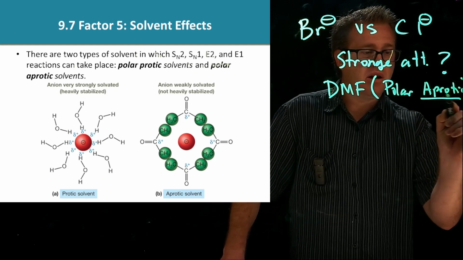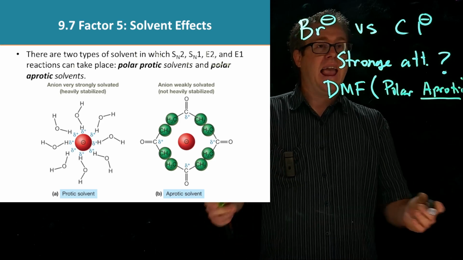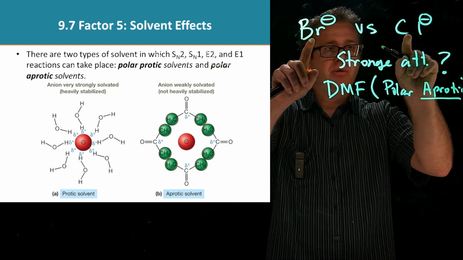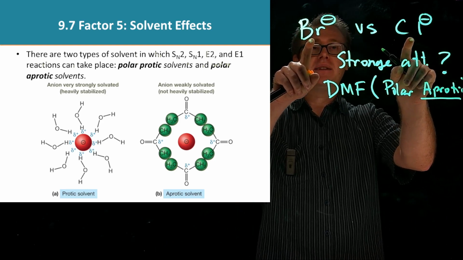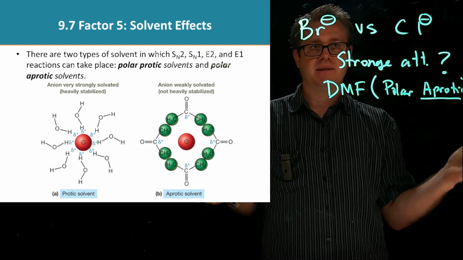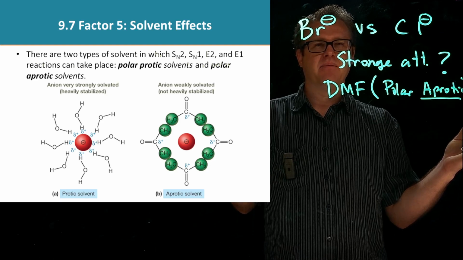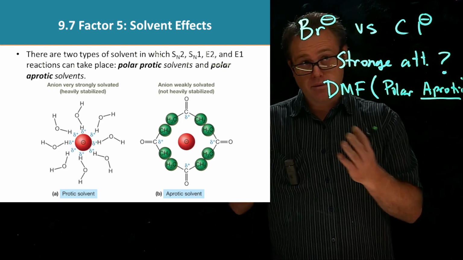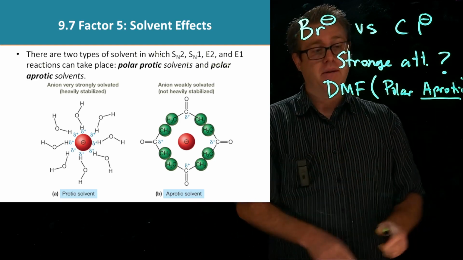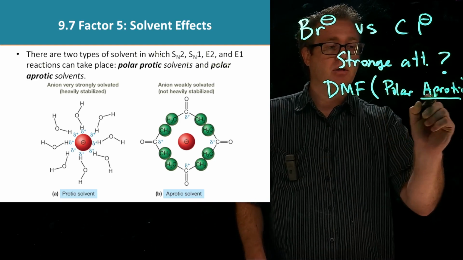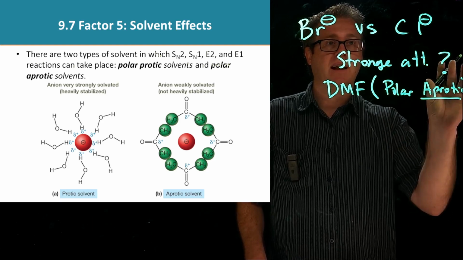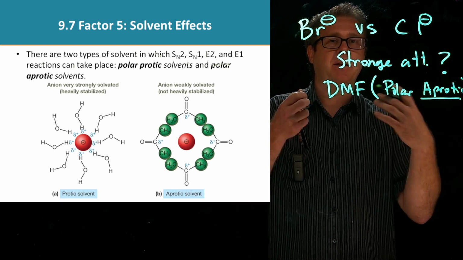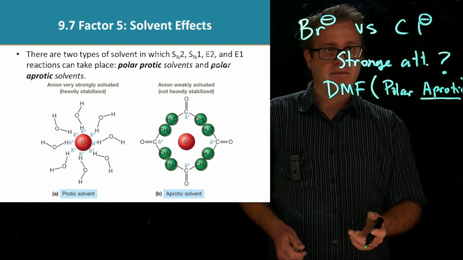And polar aprotic solvents do not solvate anions very well. So we're going to just make the assumption that there's no solvent present, when in fact there really is, but we're ignoring it because polar aprotic solvents don't solvate anions very well. So they don't offer any stability to the anion.